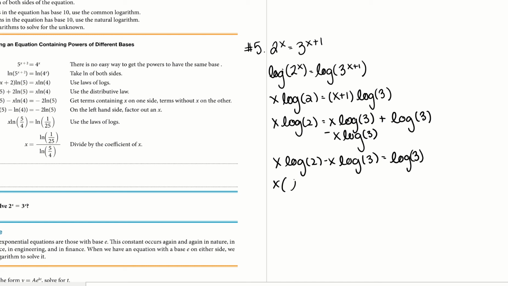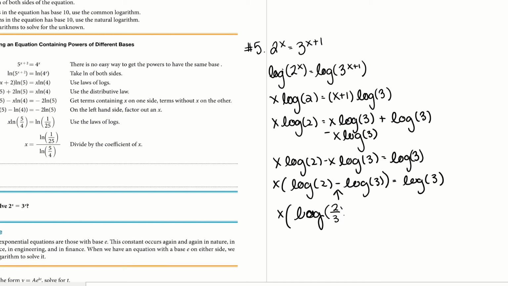I'm going to factor out my x. And this is where properties of logarithms will definitely come in handy. So notice this subtraction, I'm going to use the quotient rule. So that gives me log 2 divided by 3.